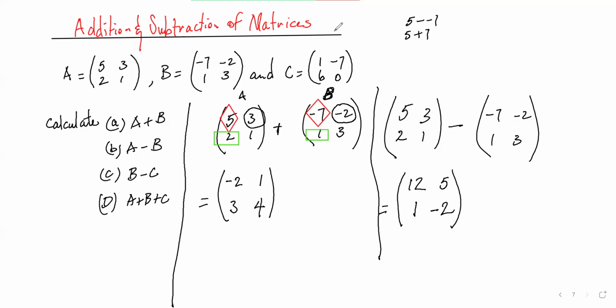See if we could get all 4 numbers together, Jeremiah. B minus C. Leon, B minus C.